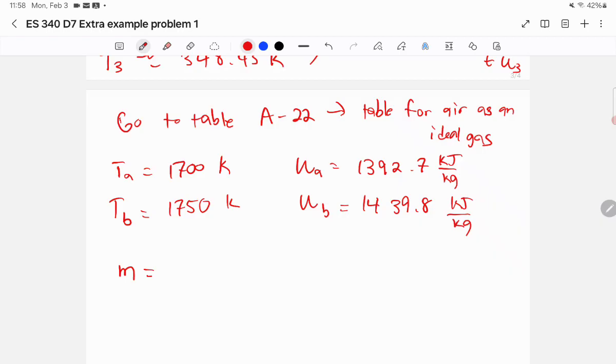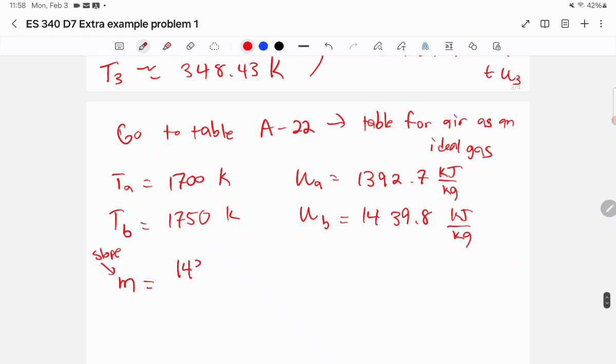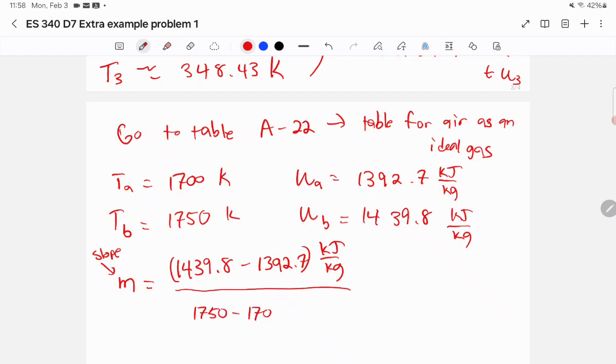So we need to get the slope, not to be confused with the mass, which is equal to, well, we want to find the U, so it's going to be 1439.8 minus 1392.7, these, of course, are going to be kilojoules per kilogram, divided by 1750 minus 1700.